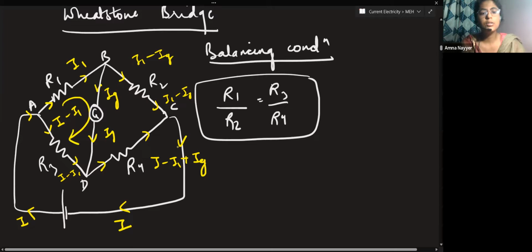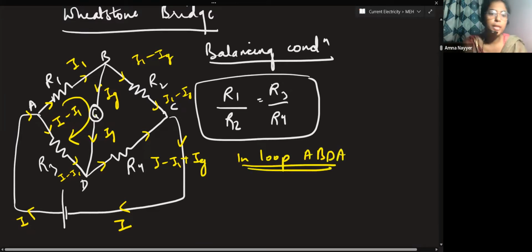All right. So in loop A, B, D, A, this loop, we are going along the direction of current, that becomes negative, minus I1 R1. Then here we are again going along the direction of current. Resistance of galvanometer is capital G. Current flowing is Ig.